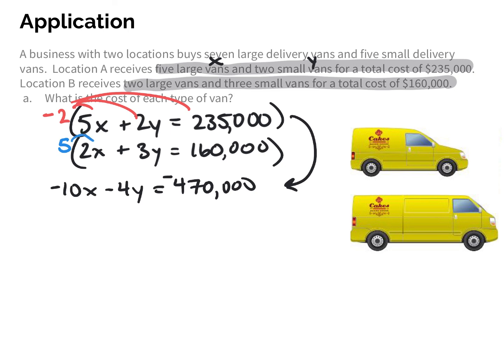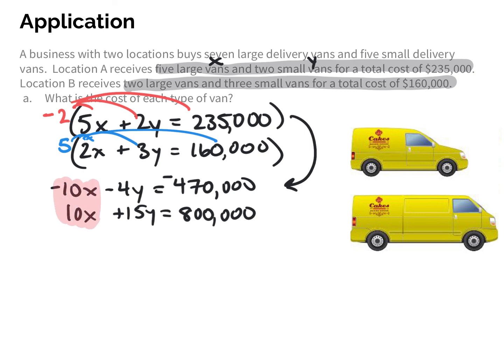So 5 times 2 would give me 10x. Then I'm going to multiply the 5 by the 3 as well as the 160,000. So I would get plus 15y equals 800,000. Wonderful.